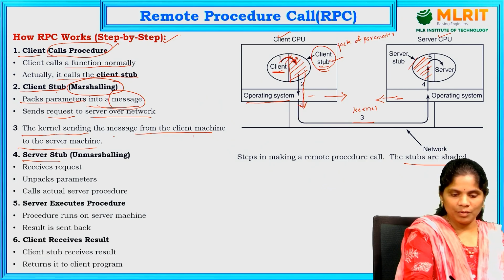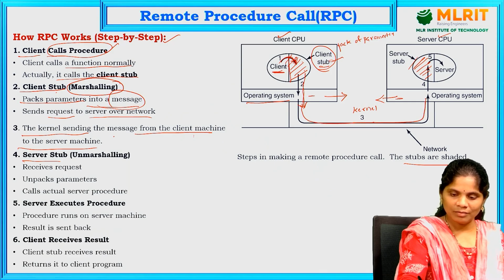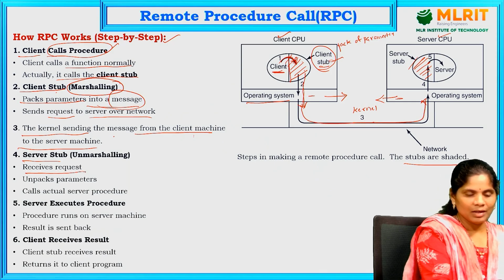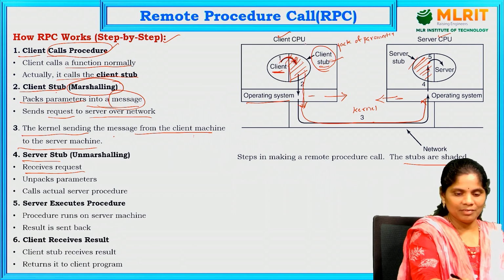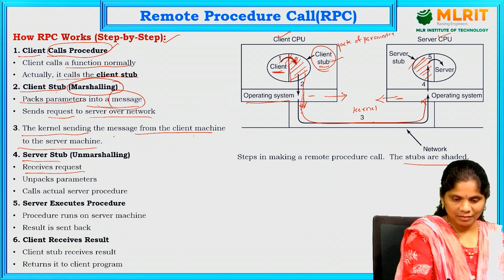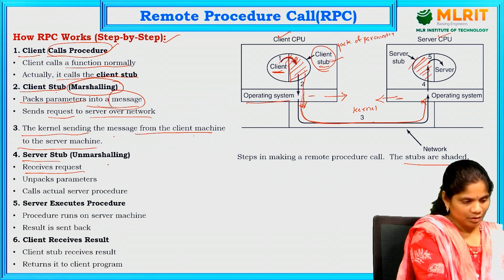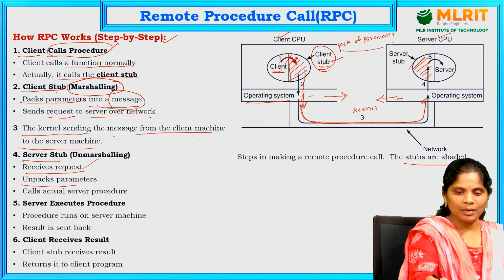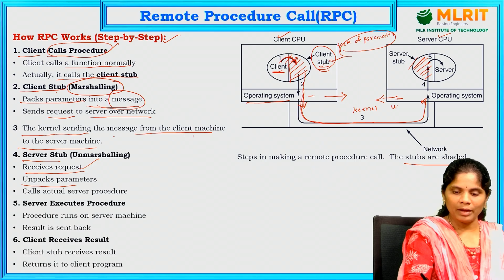Now from the client side it comes to the server side. The server stub receives the request. Whatever request the client is sending is received by the server. Here the packed parameters are unpacked.